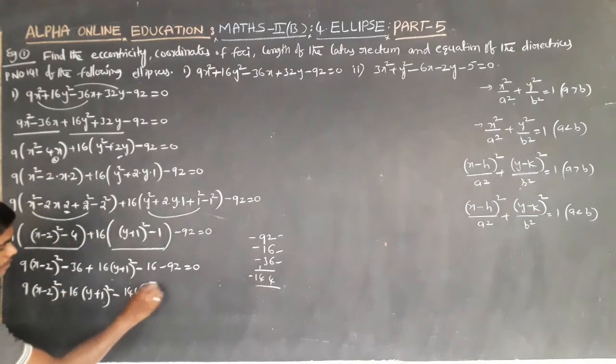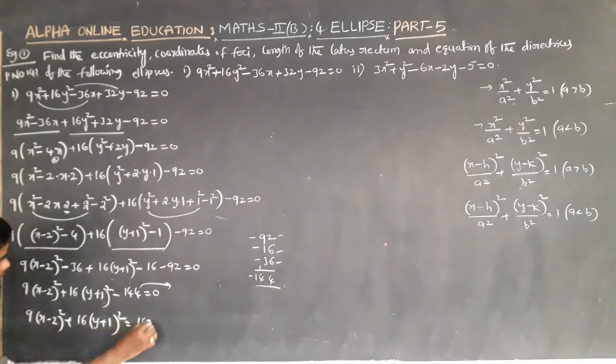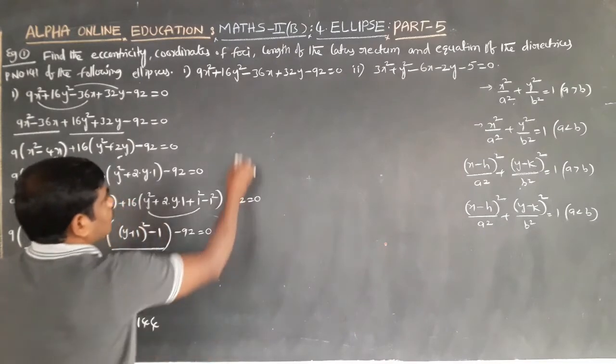Taking 144 to the right side: 9 into x minus 2 whole square plus 16 into y plus 1 whole square is equal to 144.